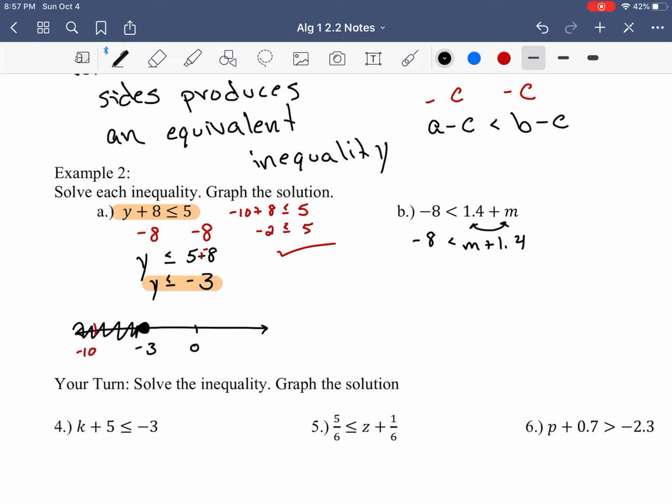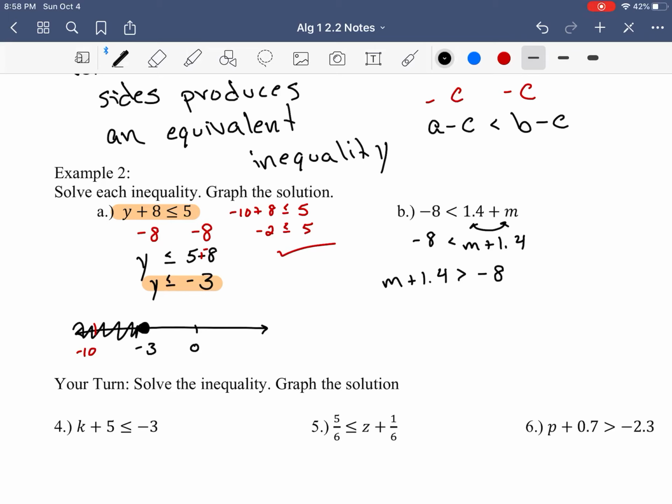Then I want to move this one over here and this one over there. So I can do that: m plus 1.4, negative 8. But since I flip-flopped these over, this sign has to flip too. So now it's a greater than, because it still needs to open up the way it did up here.